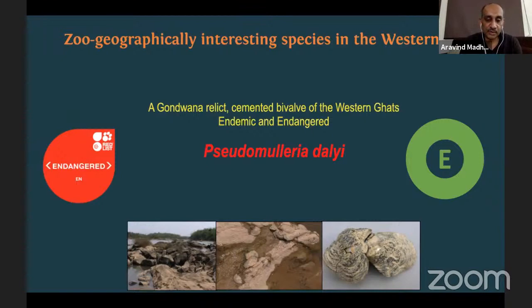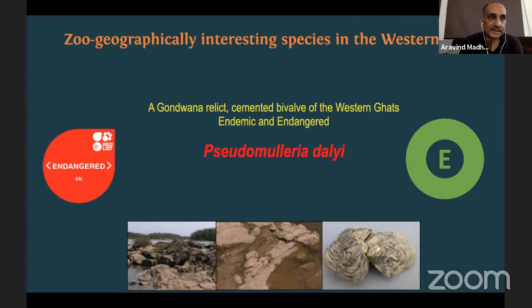As you can see from the lower panel, that's the one stretch of a river with the rocky formation, and the middle photograph shows the presence of this particular species. If you just walk on the rocks in the river, you just cannot make out the presence of this species. On the right side is the close-up of the Pseudomullaria or freshwater oyster.